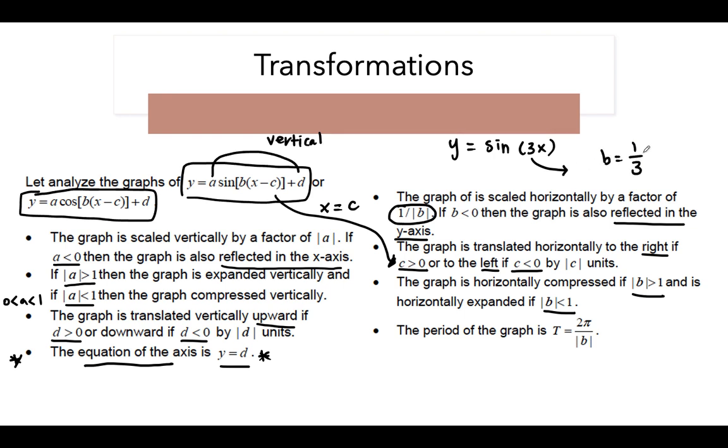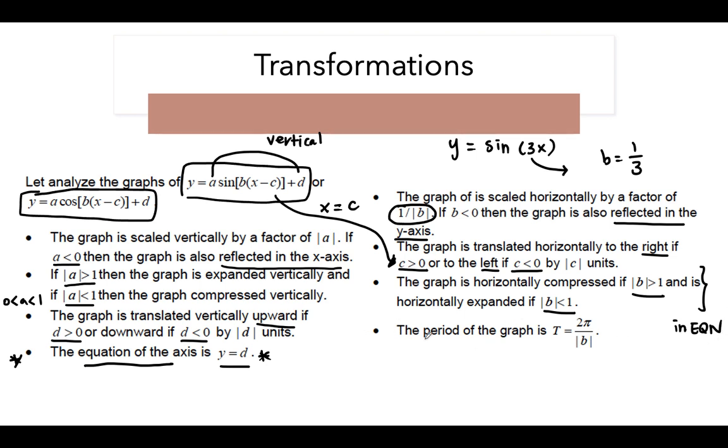Since it's less than 1, it's horizontally compressed. So this rule applies when you take the B as it is in the equation.